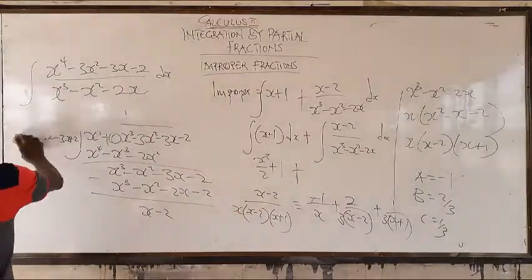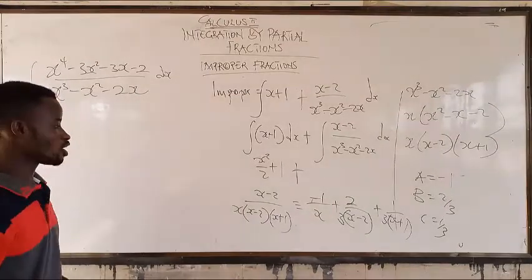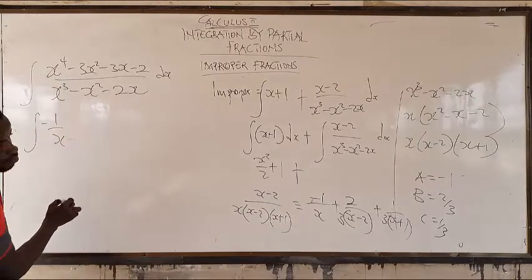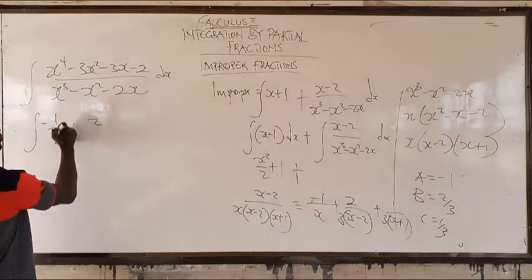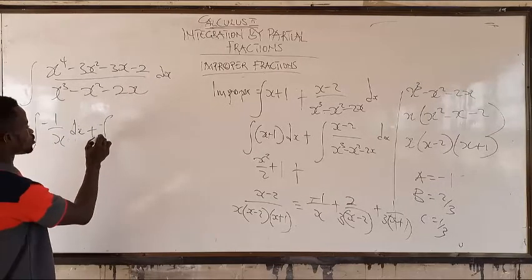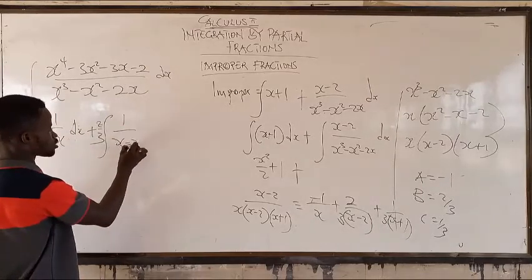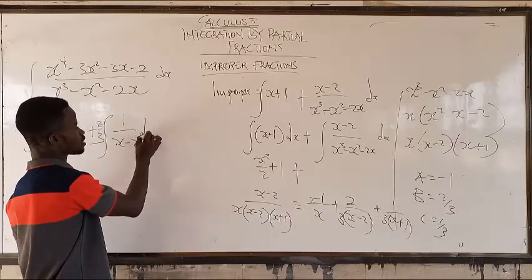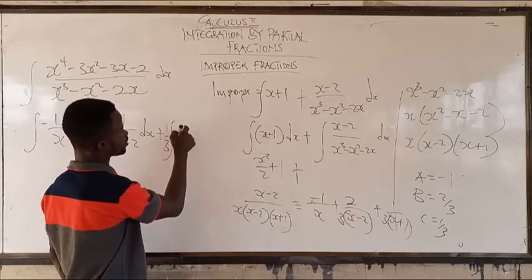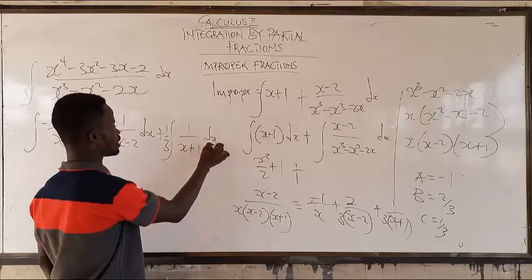So you now come and combine all the ideas. Integral of -1/x dx plus the integral of 2/3 comes out, 1/(x minus 2) dx plus integral of 1/3, 1/(x plus 1) dx.